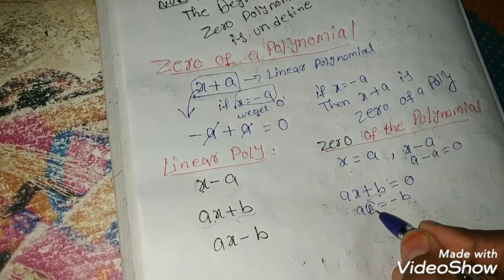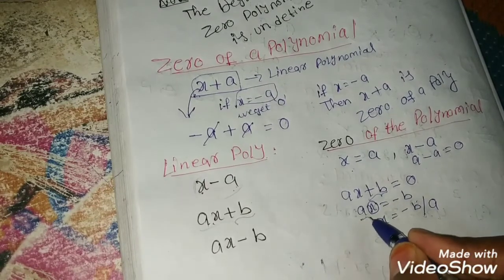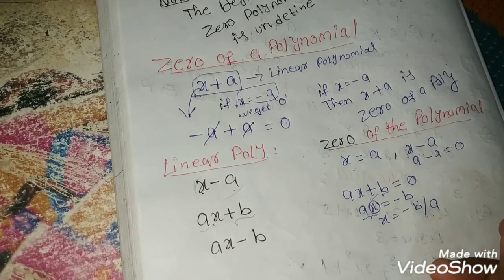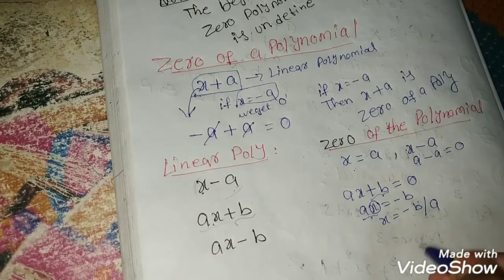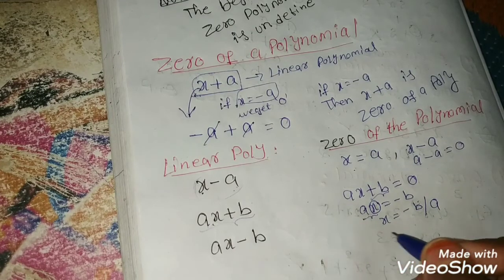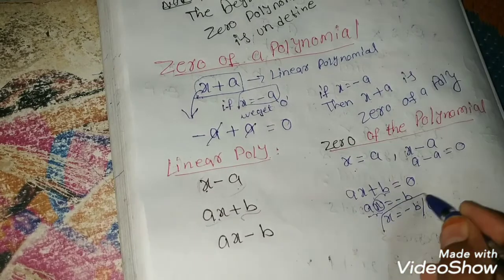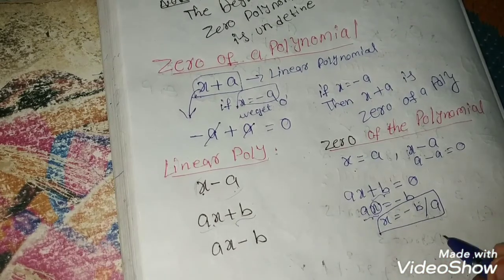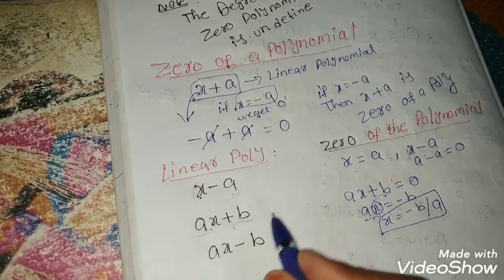We need x. So x is equal to minus b by a. This is multiplication, so when it moves to the right side it becomes division. Just put here: if x is equal to minus b by a, then we get 0.